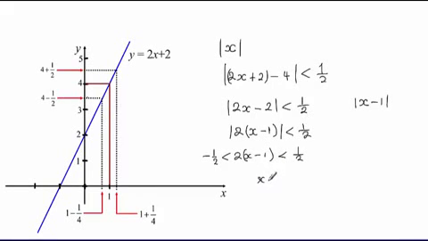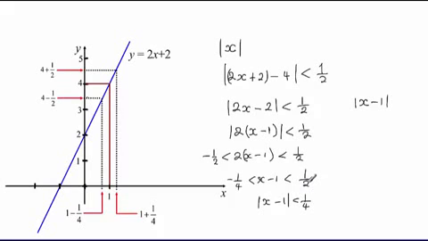x minus 1 is less than 1/4 and greater than minus 1/4, which is also equivalent to saying the absolute value of x minus 1 is less than 1/4.